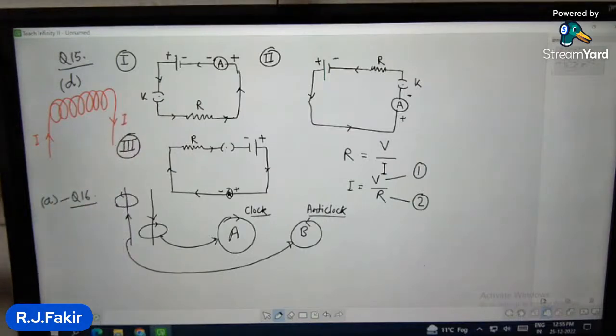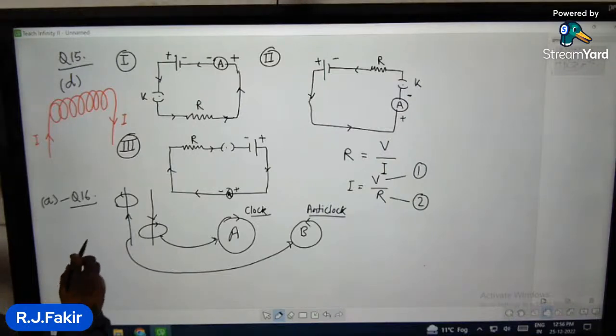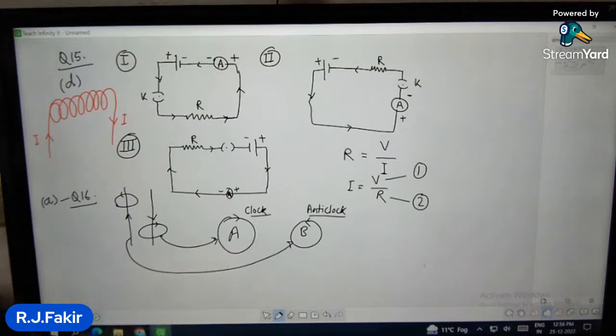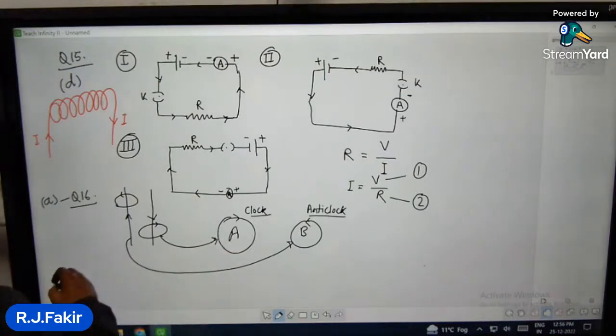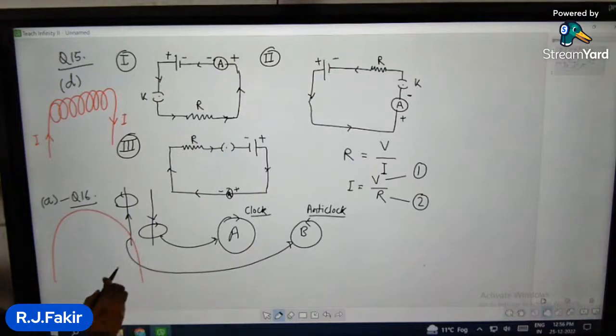You might have drawn this kind of solenoid, or you can refer to your book. And another diagram in the NCERT book is very important for answering such questions, where they have made a loop like this.